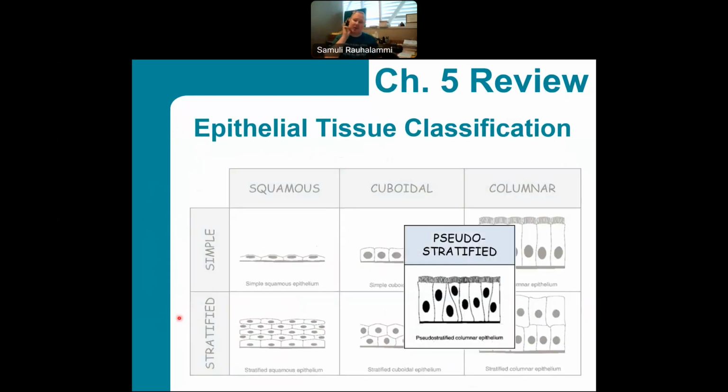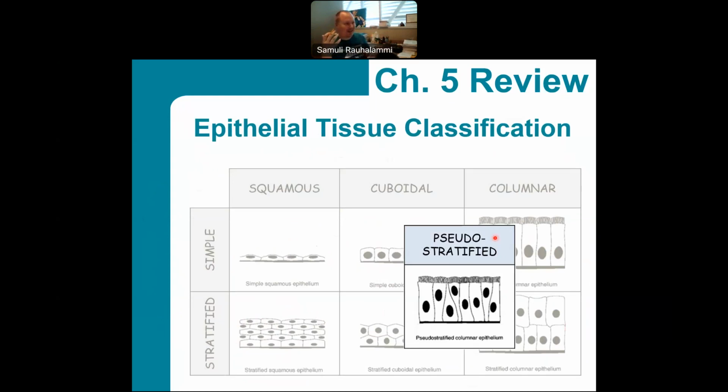Another term that I wanted to introduce here is pseudostratified tissues. You remember that the word stratified meant multiple layers, but in this case, we're seeing pseudostratified epithelial tissues. Remember, the word pseudo refers to fake, if you wish. So we have, for example, pseudosciences.